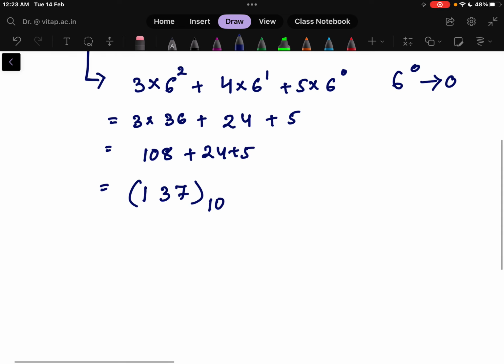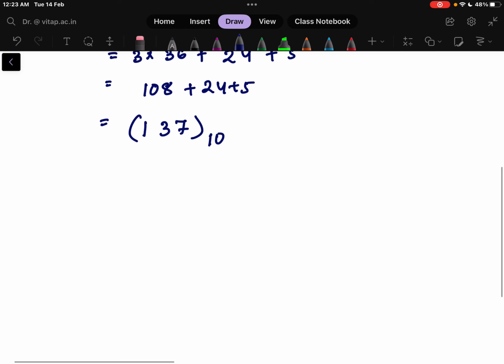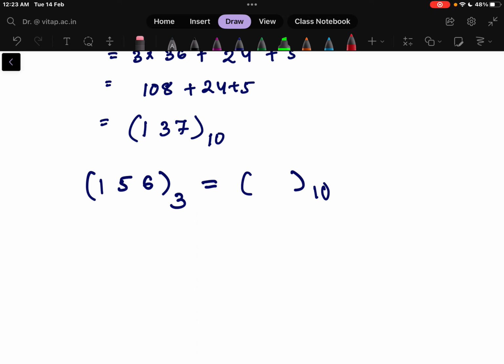Let us take another example. Let us say the value is 156 with base 3, and we have to convert that to a number in base 10. This is the question. So, how to do it? This is the 0th place, 1st place, and 2nd place.